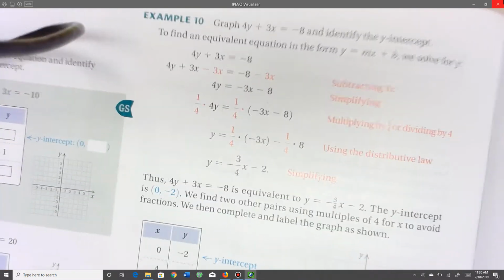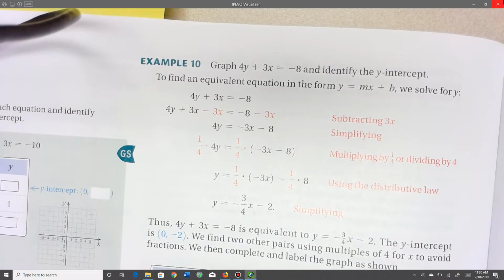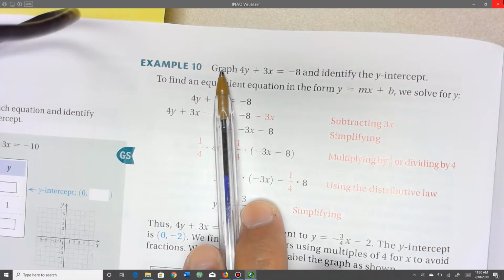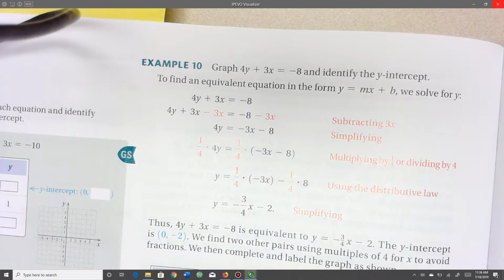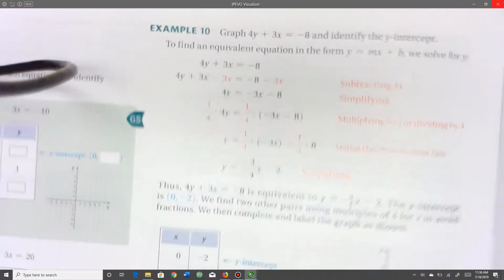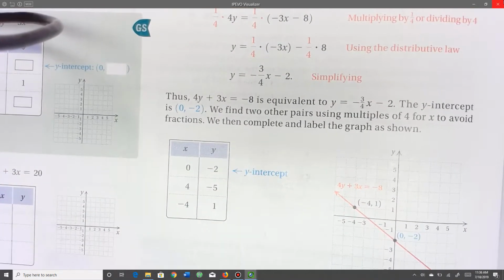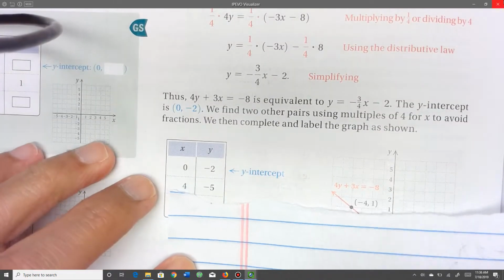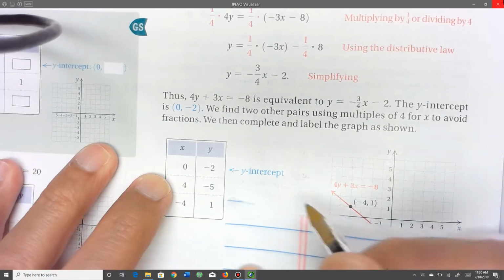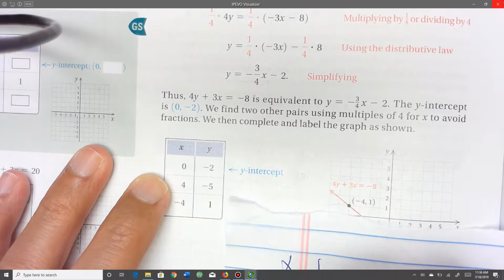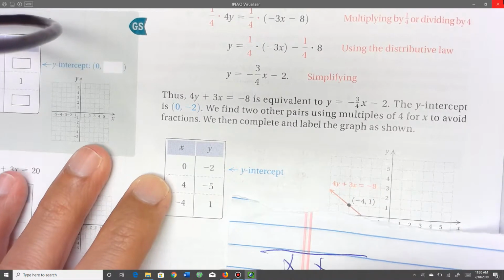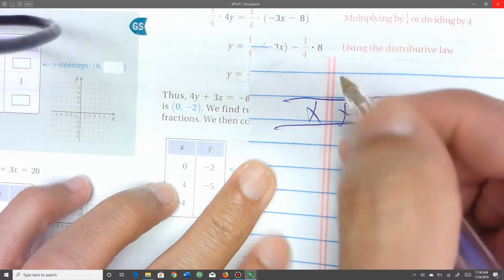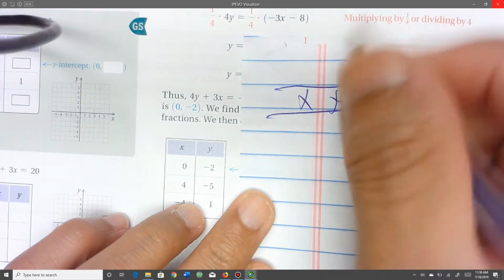All right. So again, this is a similar problem where we need to identify the y-intercept. Well, in this case, they ask you to graph. If they ask you to graph, then you're going to have to do it the way we've been doing it. All you have to do is look for x and y, and plot, and just choose numbers at random for x.